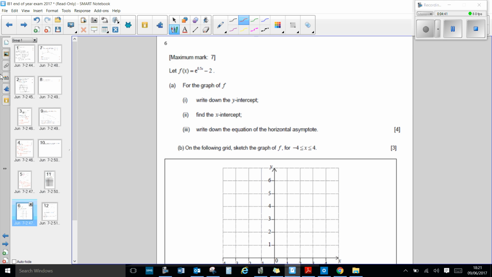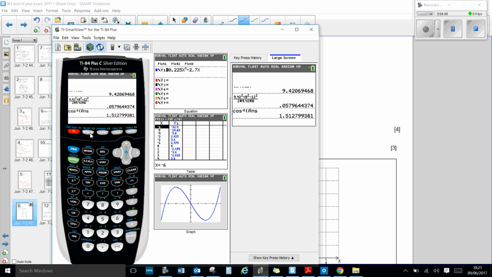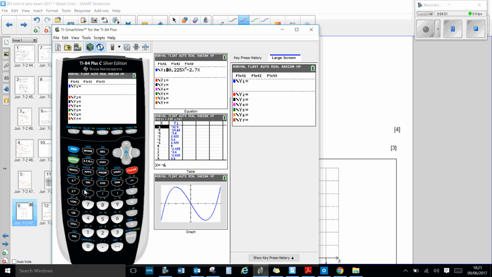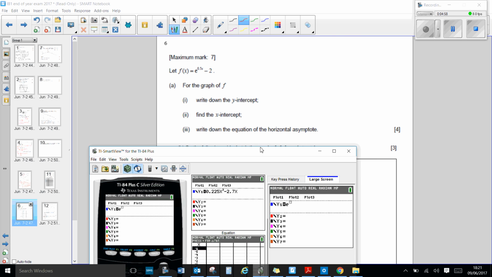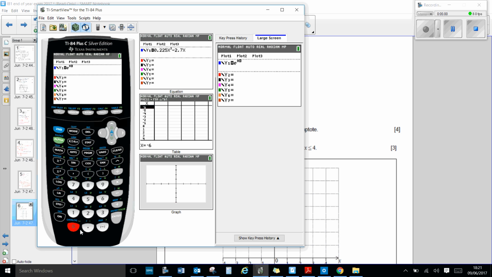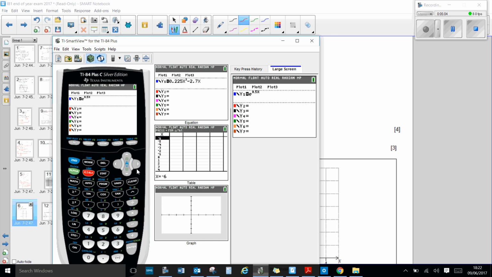Find the y-intercept. So we're going to input this into our calculator. It's y equals e to the 0.5x, minus 2. Make sure that it's written properly here.